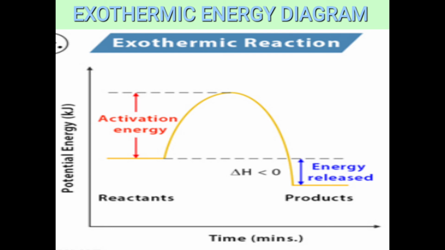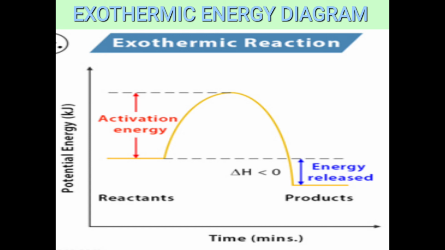Therefore, the excess energy is released to the surrounding. So if products have less energy than the reactants, if you insert this in the expression we have looked at, you'll see that ΔH is going to be less than 0. The ΔH, or enthalpy change or energy change, is going to be less than 0. In other words, it is going to be negative.